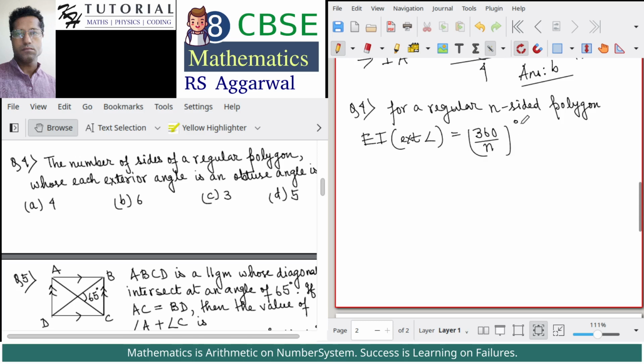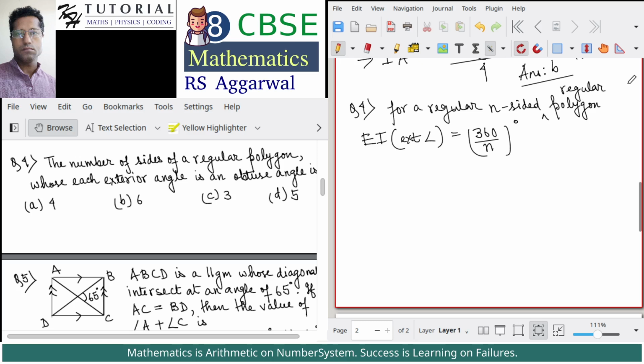This is the each exterior angle for an n-sided regular polygon. Now this angle has to be obtuse.